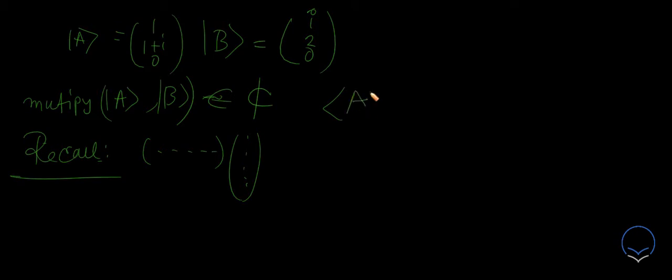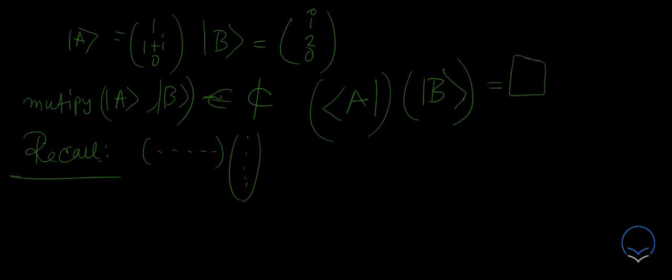One is like this: I can take the bra and take what is similar to a dot product. In fact, it has a name of its own, which is called the inner product, but let's talk about that later. I first take this bra vector A and the ket vector B, and I want to have a number here.